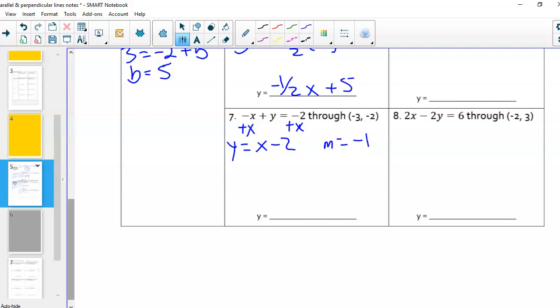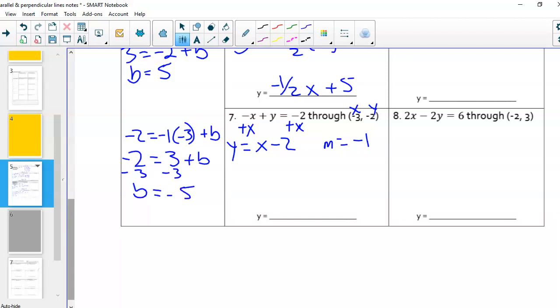Now we have our new slope. Now we can put those back into our equation. So -2 equals -1 times -3 plus b. This would be -2 equals 3 plus b. What would be b? -5.